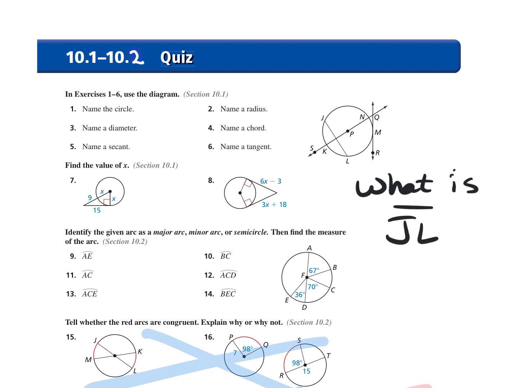And then you're going to have to tell me, is it a diameter, a secant, a tangent, a chord, a radius? These questions will be multiple choice, okay? So again, it'll say, what is JL? And you pick the multiple choice answer.